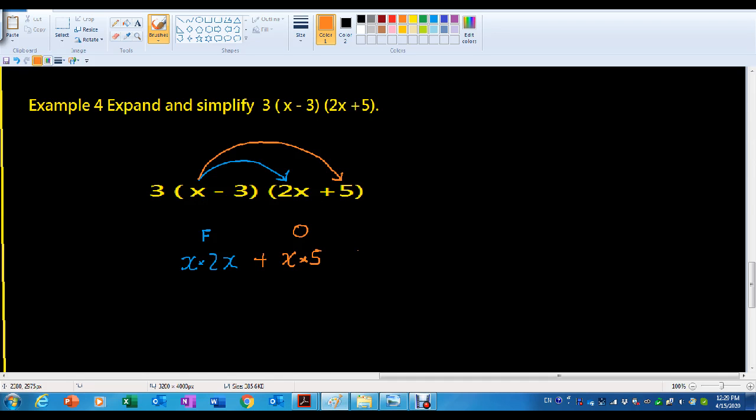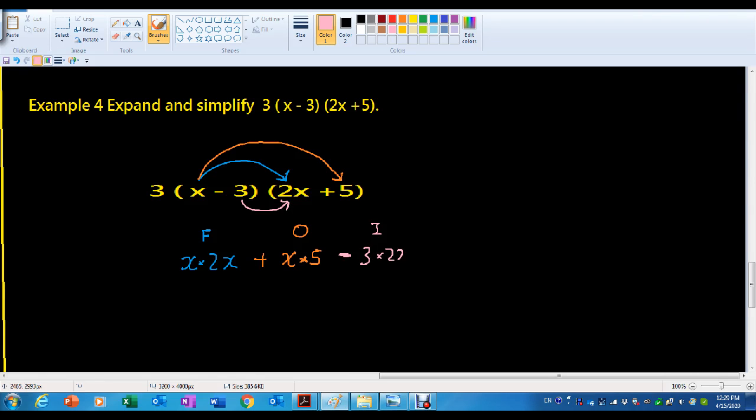And I means inner. Be a bit careful here now. That's minus 3. It's not just 3. Minus 3 times 2x. 2x is positive. So minus times positive should be negative. You need to check.